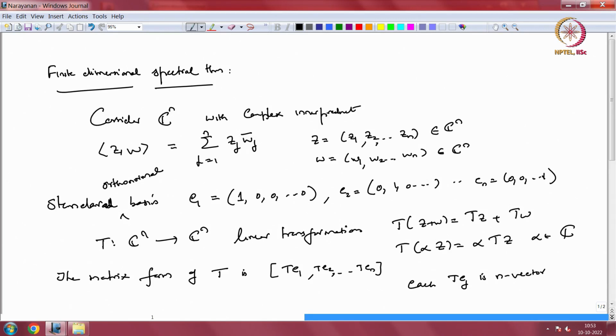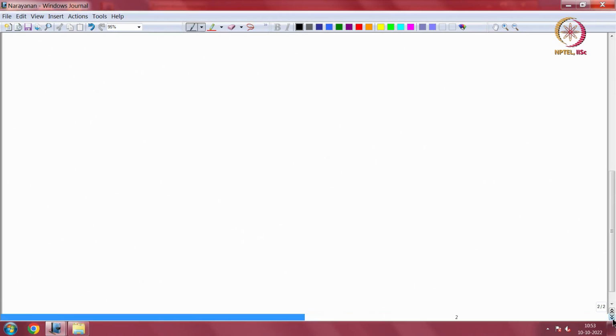So let me go to the next page. Okay. So we can write the matrix form for T to be equal to some matrix a_ij. So the Tej is the jth column.